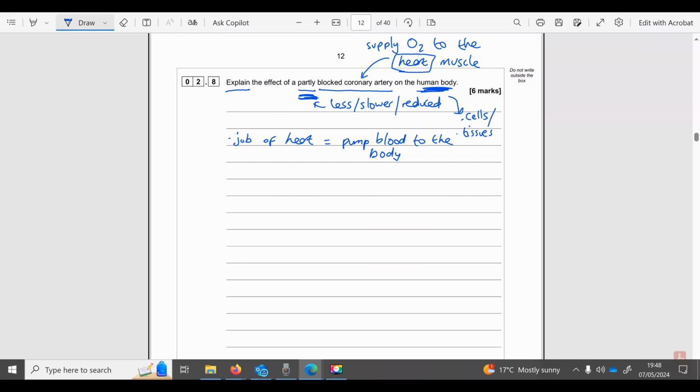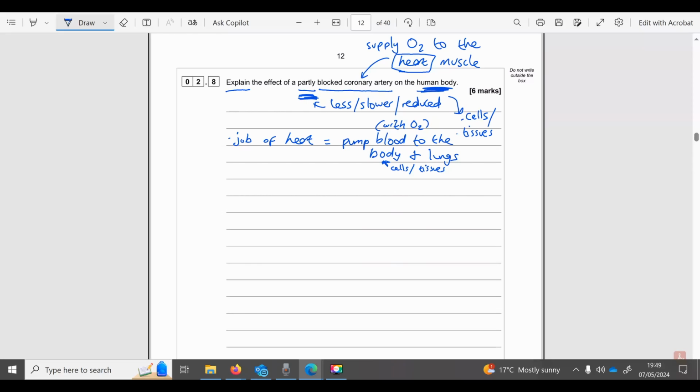What we can also think though is that the heart is a double circulatory system. So it's not just going to pump blood to the body, it's also going to pump blood to the lungs too. And then we've just reminded ourselves that the body is cells and tissues. Now, if it's going to pump blood to the body, what do we want the blood to contain?